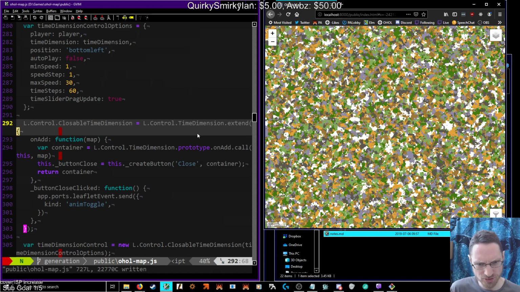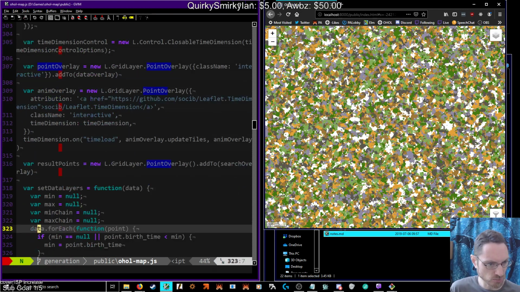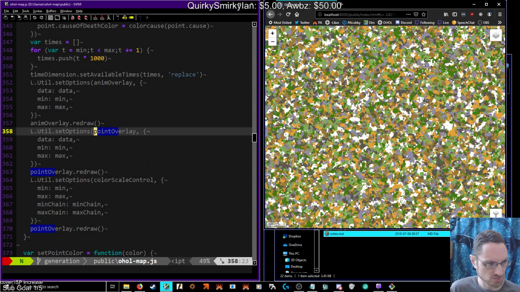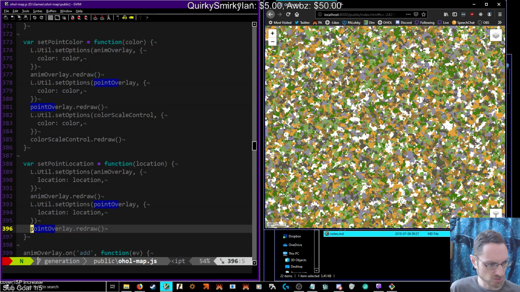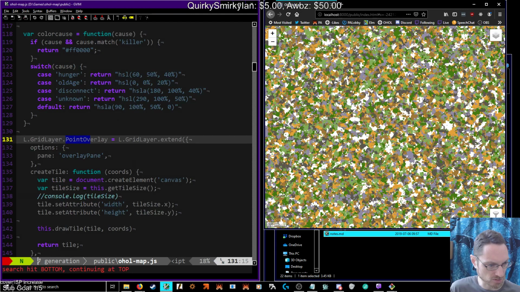It's probably just as well to stay tiled on this, so our point overlay will be a reasonable starting point for how to create a custom layer.